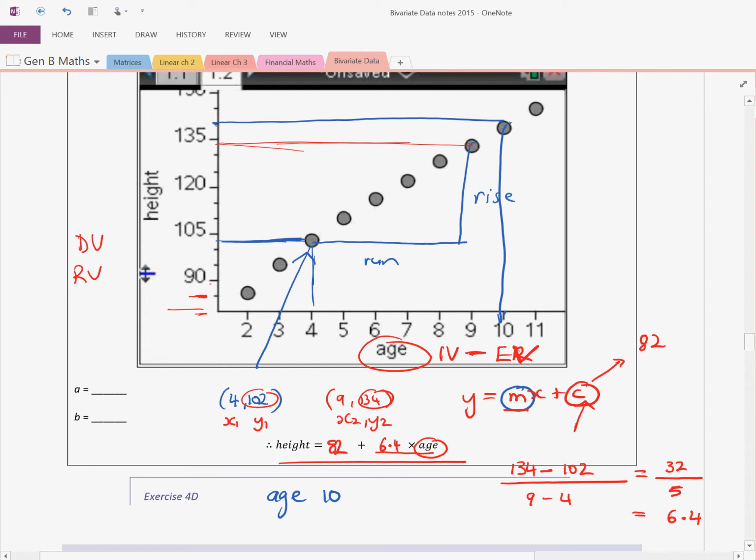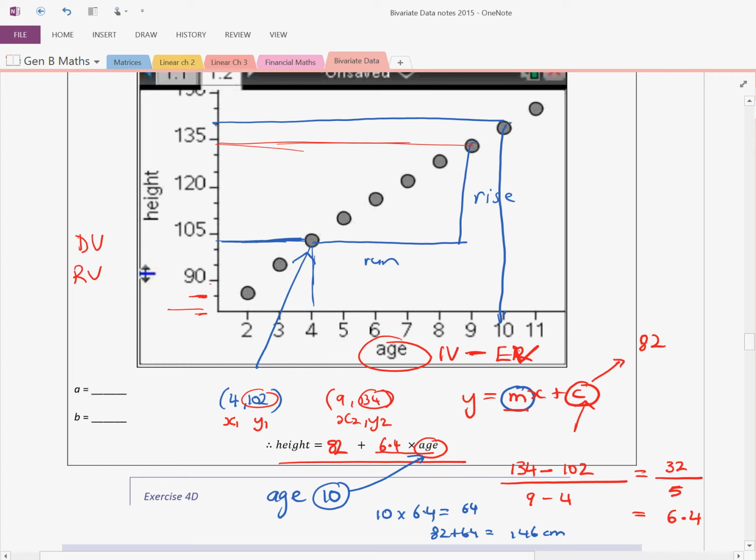At age 10, if I plug in age 10 into there, 10 times 6.4 is equal to 64, plus 82. 82 plus 64 is equal to 146 centimetres. Now, that's not too far off, is it? It is ultimately a little bit off.